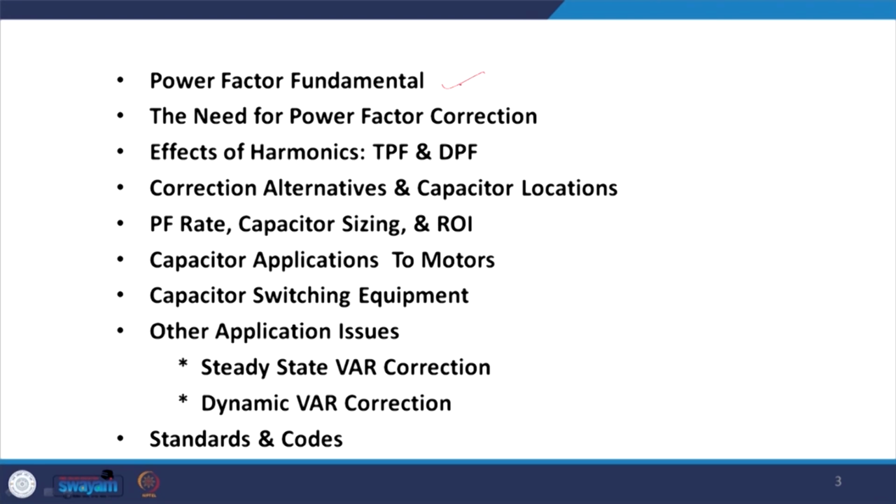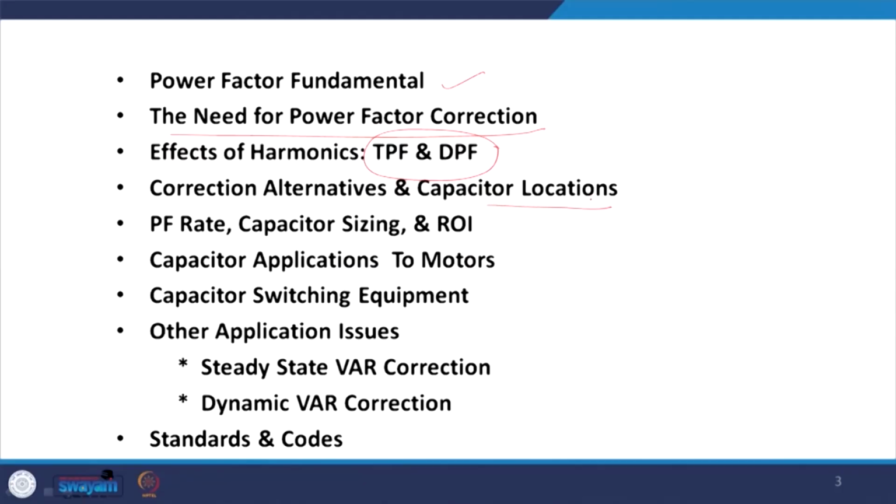we have to start with that. The need for the power factor correction: we know why we require it, otherwise we require to take more current. Then the effect of harmonics, the total power factor and the displacement power factor, correction alternatives and the capacitor locations.